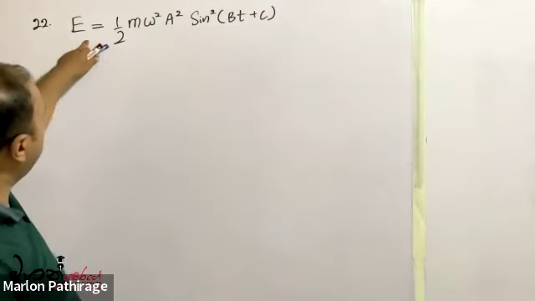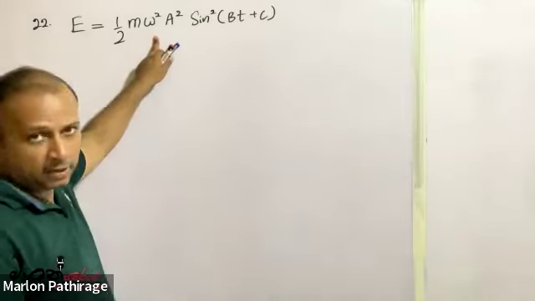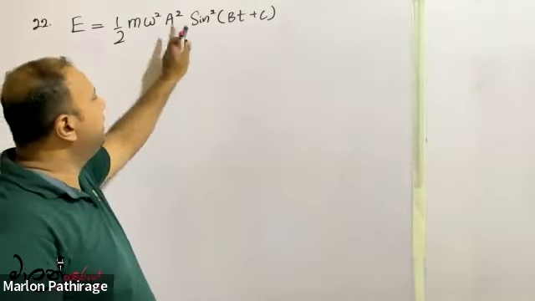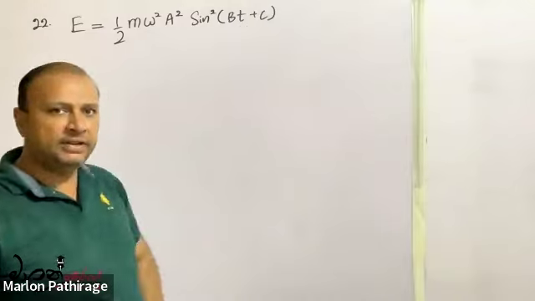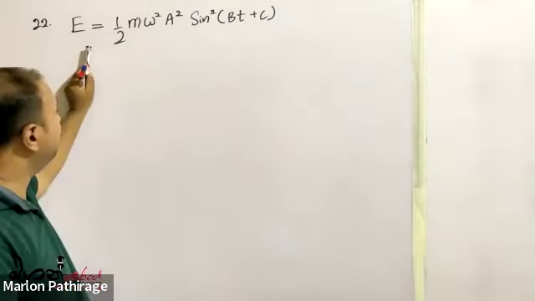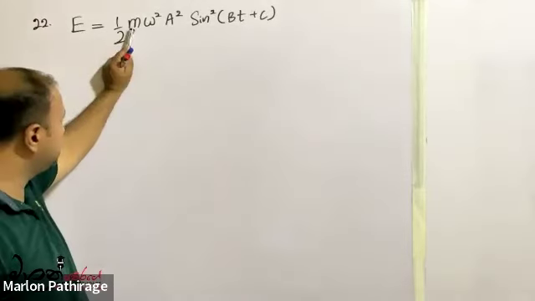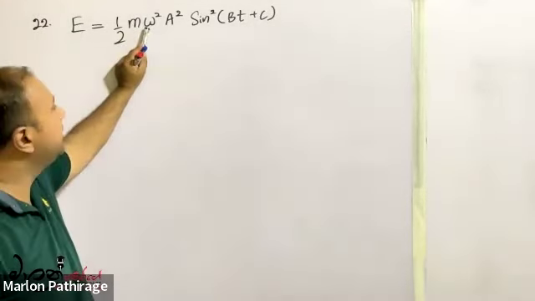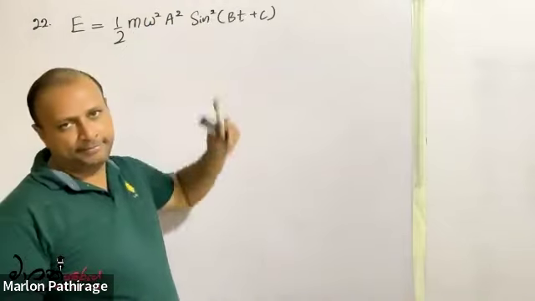Now this is an energy, mass, angular velocity, T is a time. Those are the given data. Sorry, energy, mass, angular velocity, and time.